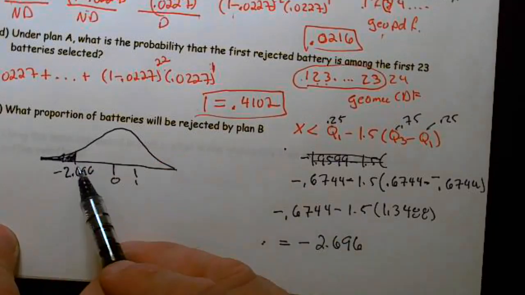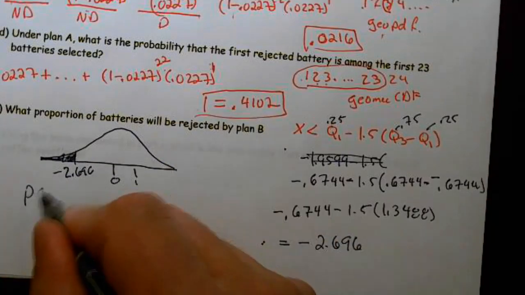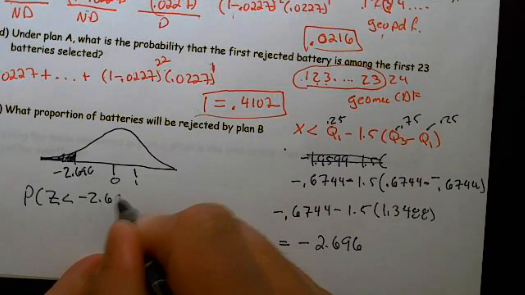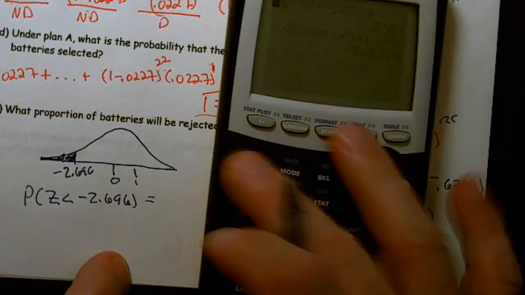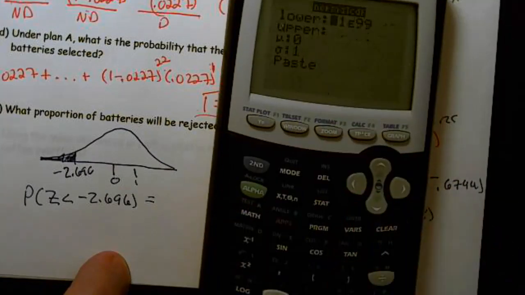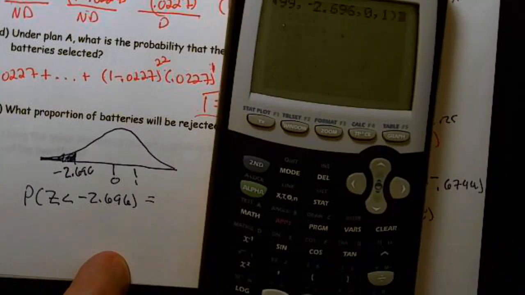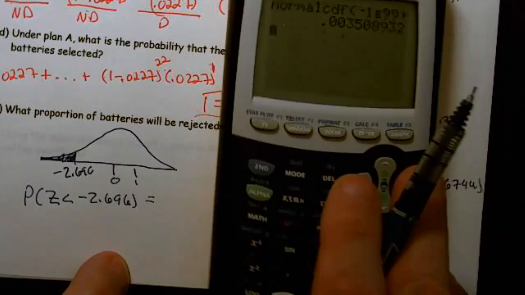So I can do a norm CDF at that point, because I'm looking for the probability that z is less than negative 2.696. So I'm going to go to norm CDF, second vars, norm CDF, negative infinity, negative 2.696, mean is 0, standard deviation 1. And we find out that it's 0.0035.